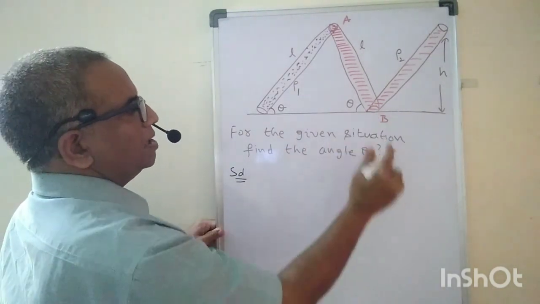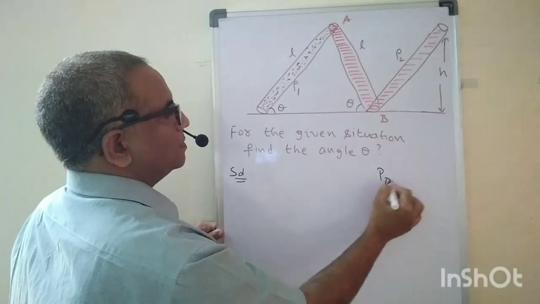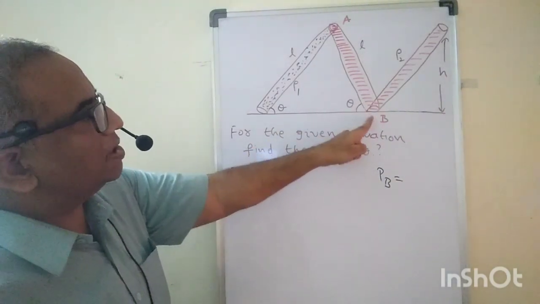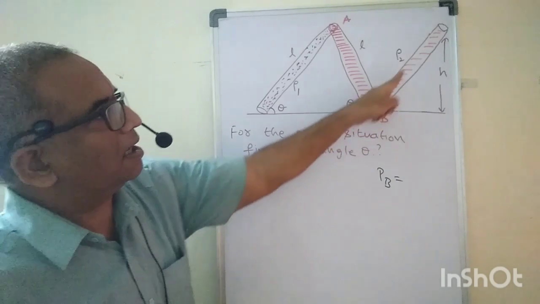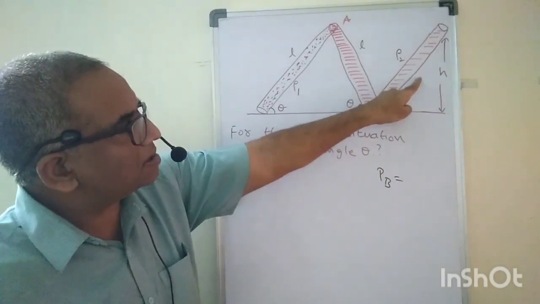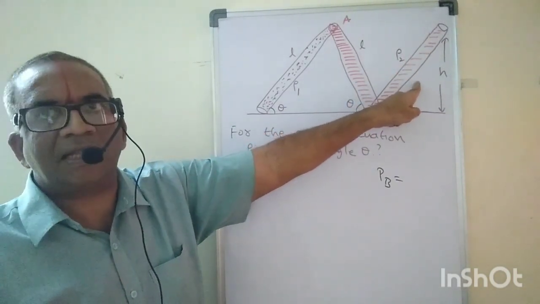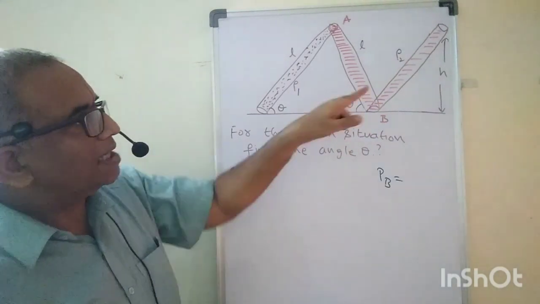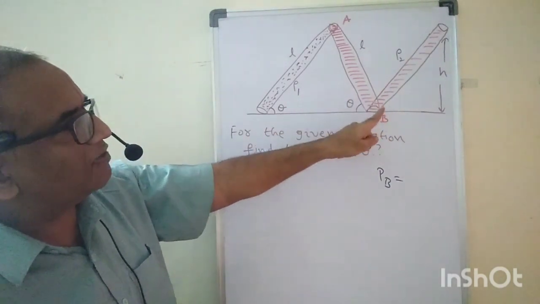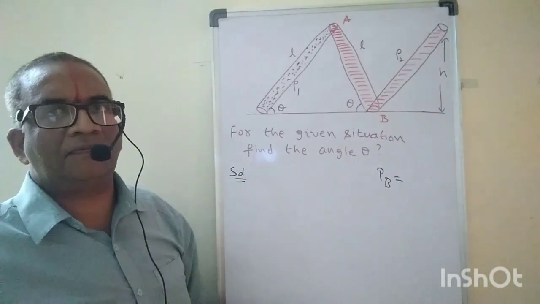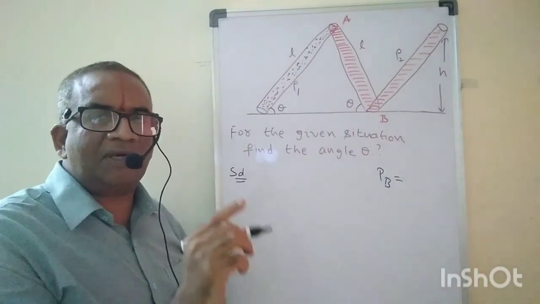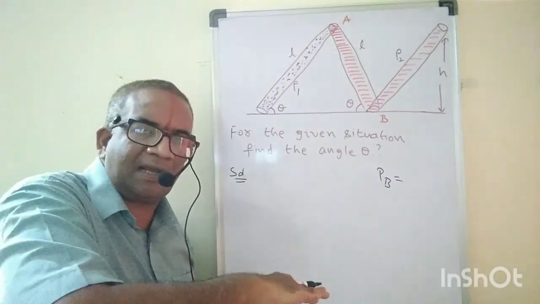What is the pressure at B here? The pressure at B is due to the density of the material in this length of the tube. In this tube, see carefully, they give directly the height. Every time remember we should see the height, whether it is slanting or anything.